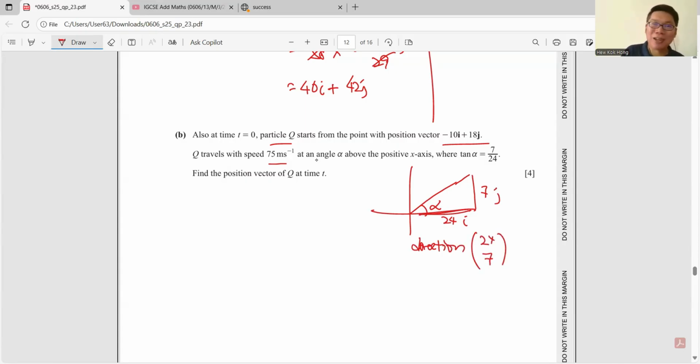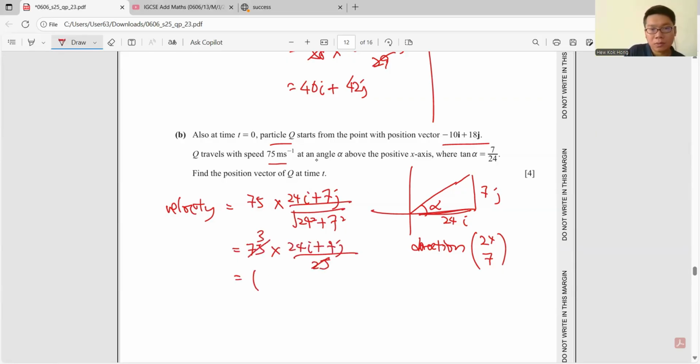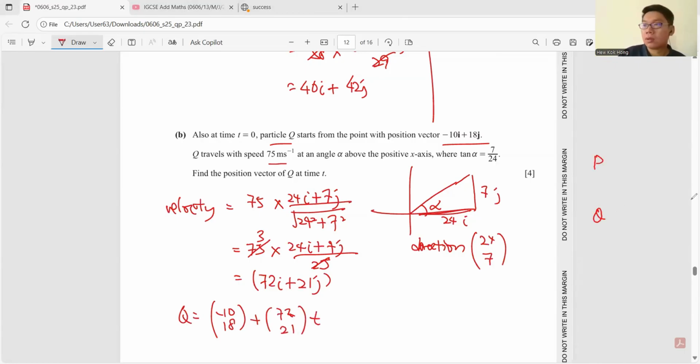In this way, you can use the same method, which is velocity is speed times unit vector. So after we have velocity, then we can find the position of q after time t is initial plus vt. This is the position after time t for p and q.